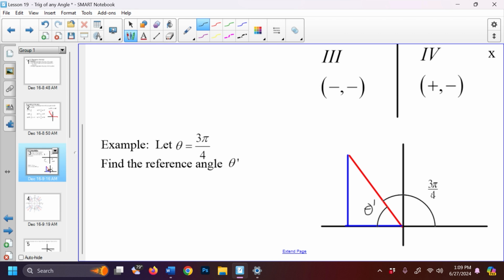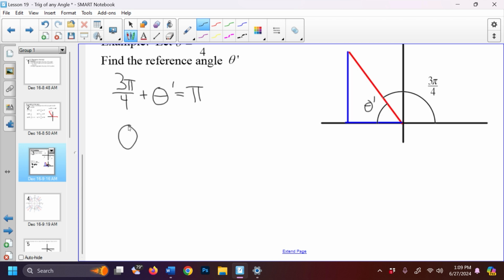So 3 pi over 4 plus theta prime in this case has to equal pi. So I will subtract 3 pi over 4 from both sides. That'll leave me theta prime is equal to, now I've got this pi.